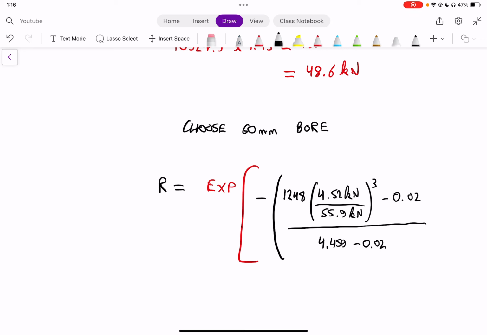You can go back to the formula sheet if you want to see what those values are. All to the power of 1.483, close brackets. Let me make that close bracket in red so that it matches the other one.